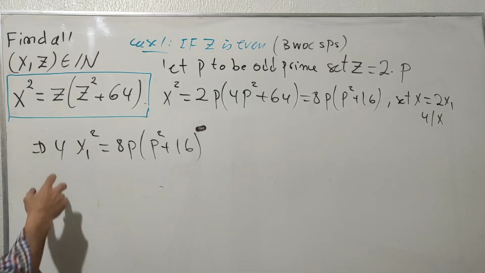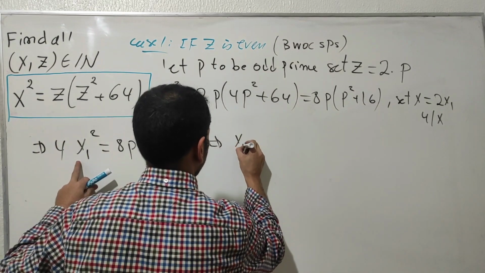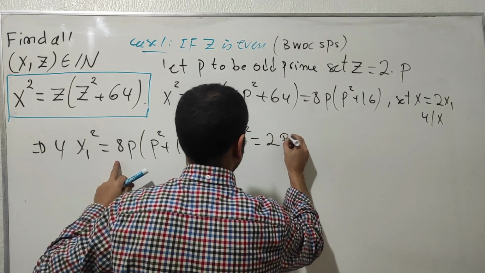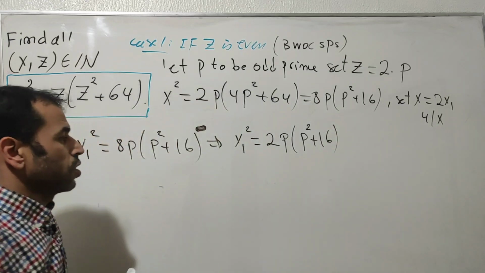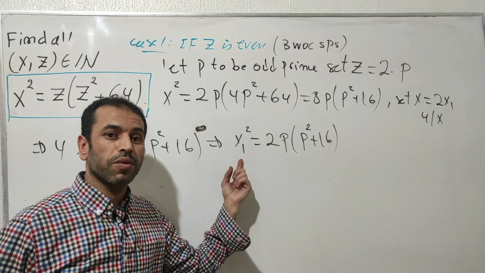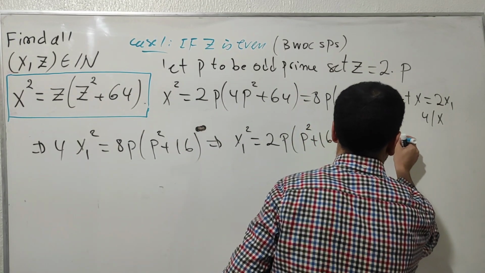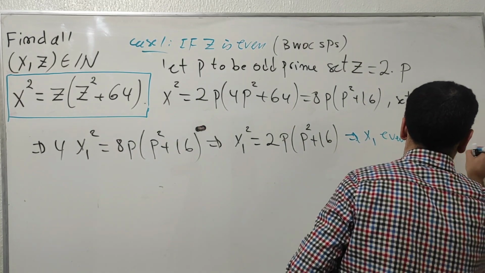So what to do, I'm going to divide both sides by 4. This immediately is going to give us x1 squared equals 2 times p factor p squared plus 16. So the right side of this equation is even, which means the left-hand side of this equation must be even as well, which means x1 is even. Let's set also x1 equals 2 times x2.